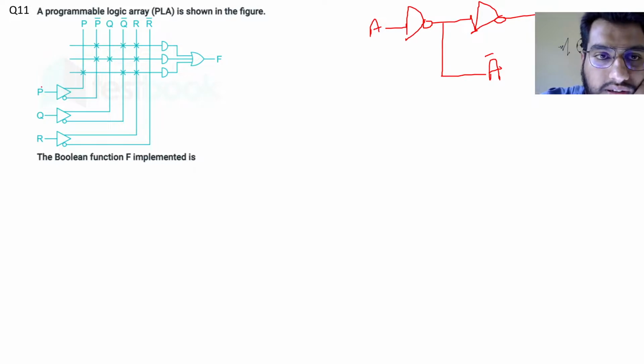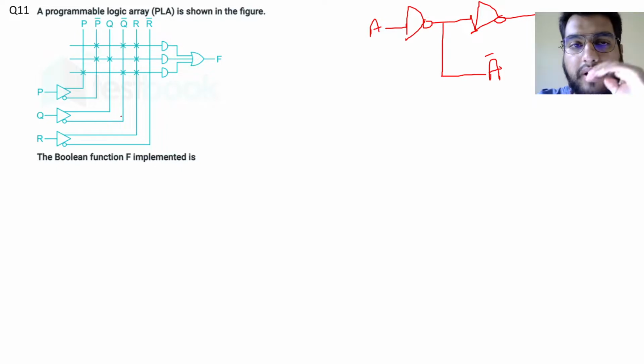From these, two output lines come out, P and P complement, from Q we get Q and Q complement, and from here R and R complement.